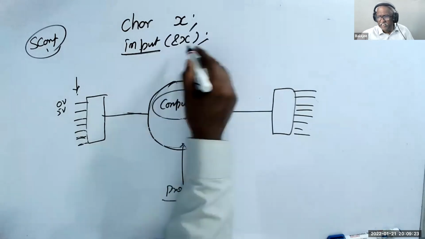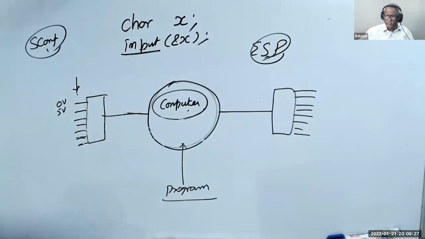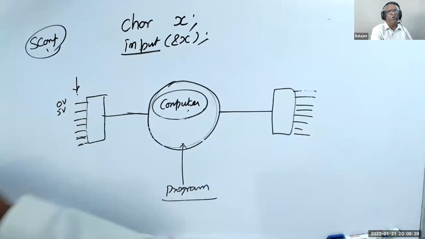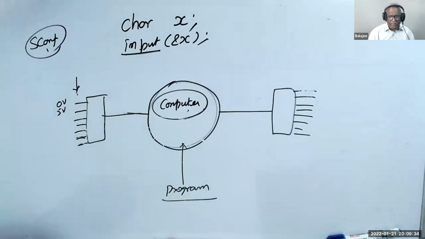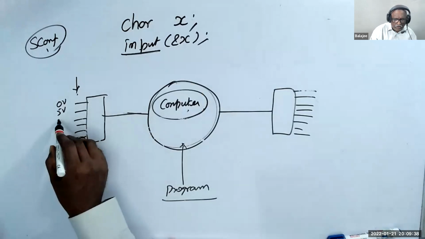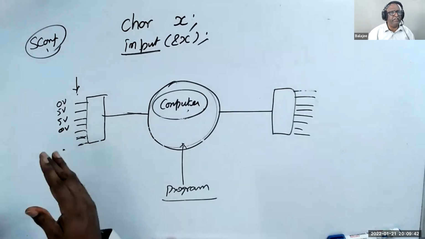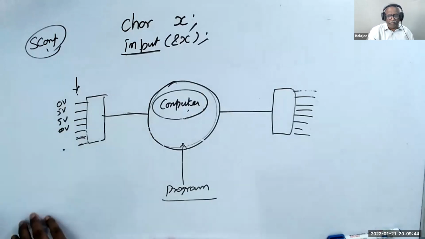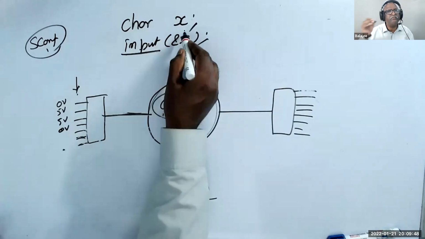That is what we do in our ESP program: we write our own input functions. When I do the input, the 8 pins can each be either 0 volt or 5 volt. Minimum is 8, please understand. You cannot read only one pin. You can read a minimum of 8 pins only. Then that comes to X.